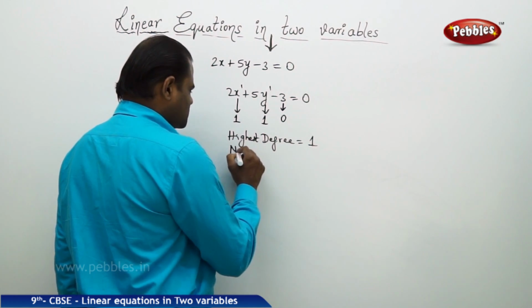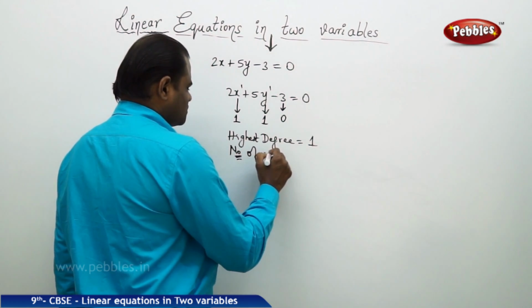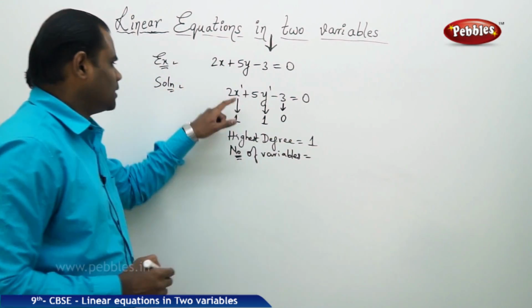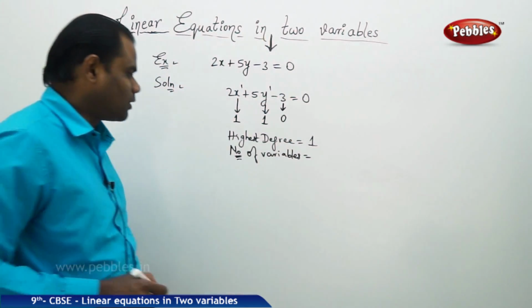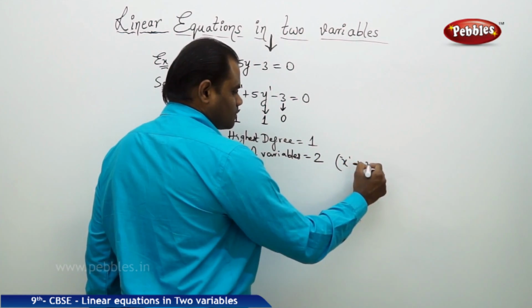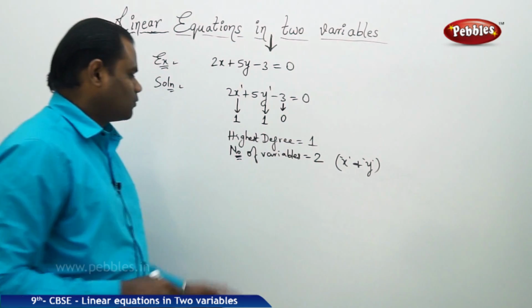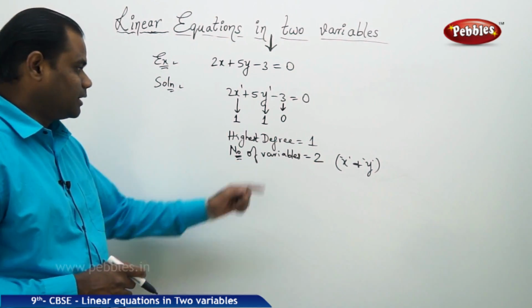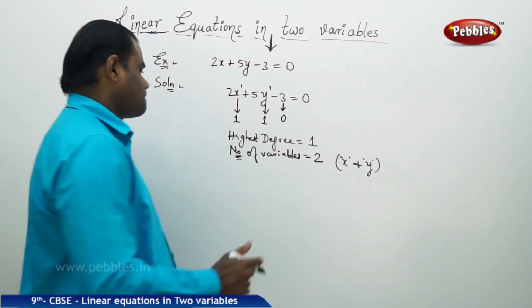And the number of variables in this polynomial is x and y. Therefore, I have two variables, x and y. So the number of variables is 2, which is rule 2, which I identify in the given problem.